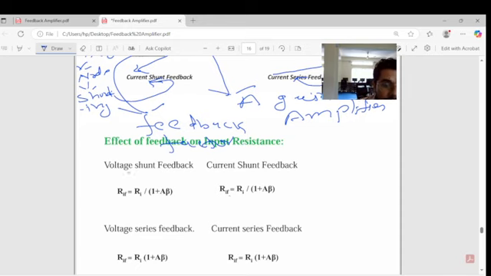Here the input impedance is decreased by 1 plus beta times in the voltage shunt. Effect on input resistance: the input resistance is decreased. Input impedance and output impedance both. In voltage shunt, impedance increases. In current shunt, impedance also decreases.